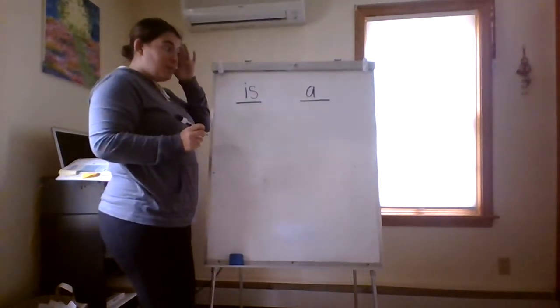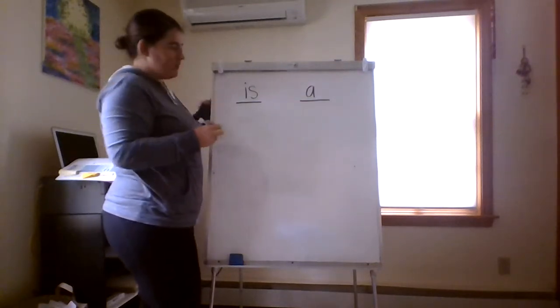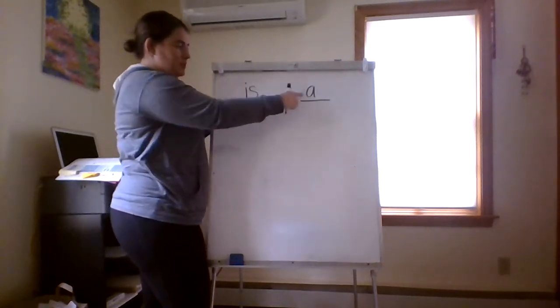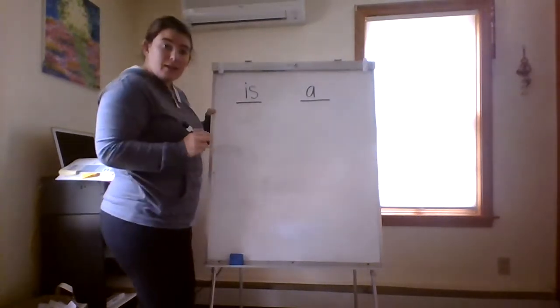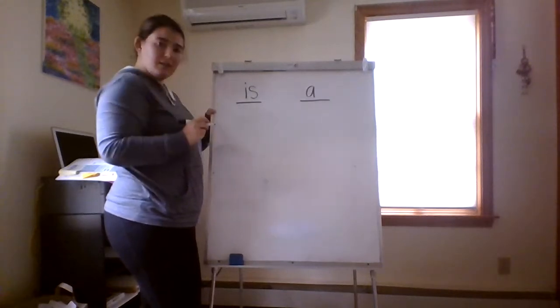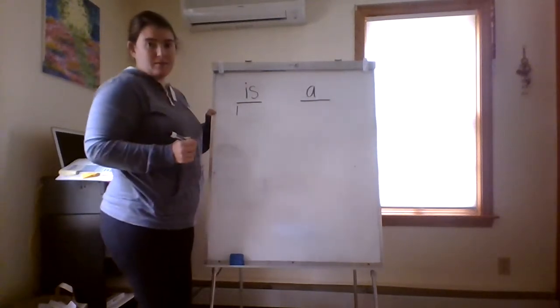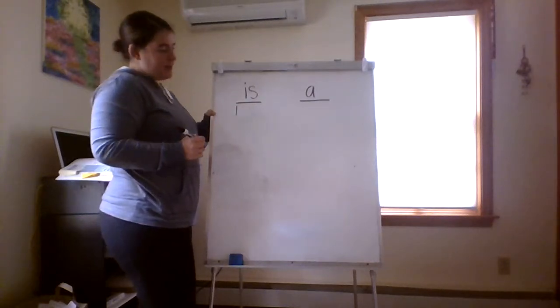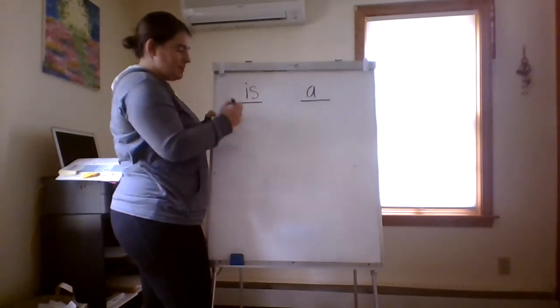Now on a piece of paper or your whiteboard, because we don't want to ruin the books that we have, I want you to write these two words out, is and a, and then put two little lines underneath. And then as you read, every time you come across the word is, I just want you to put a little tally mark, just like that. And then you're going to count up. So if I see is again, I'm going to put another tally mark.